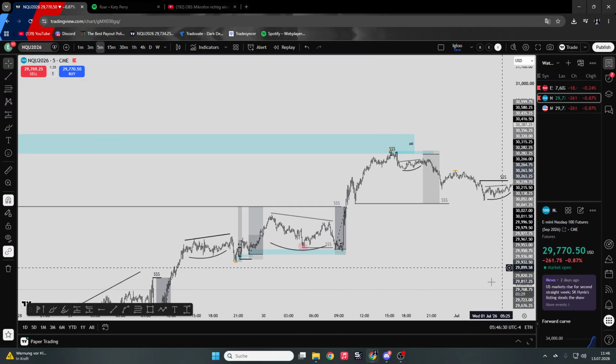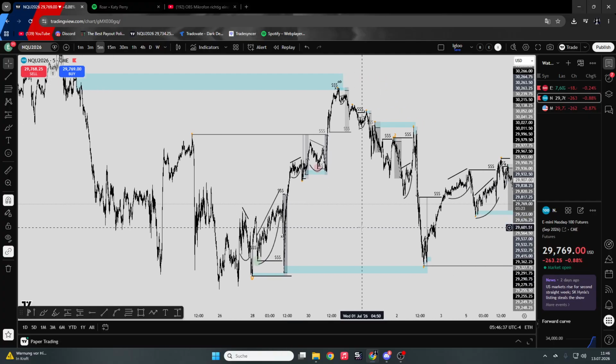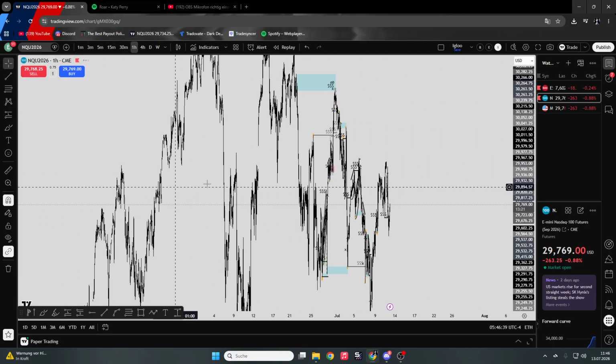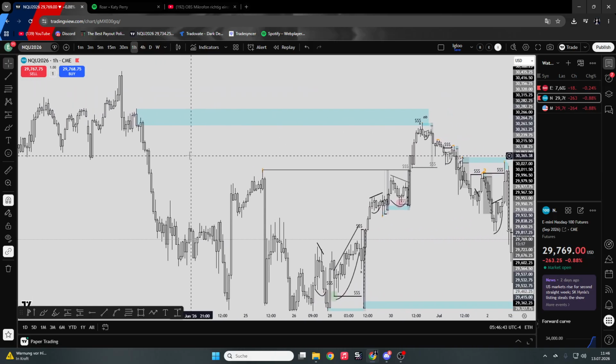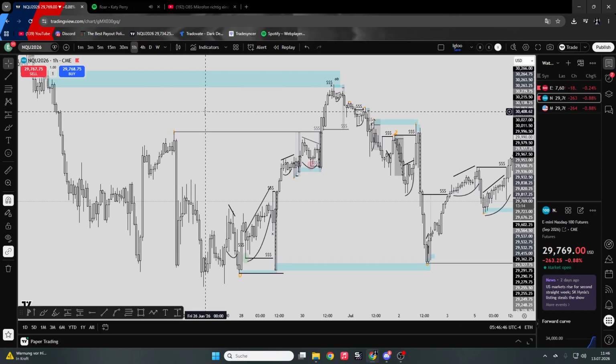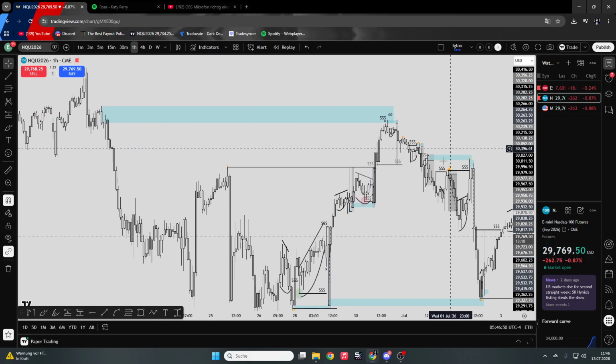So then we come to a pretty interesting scenario because we are flipping our bias now. On a higher time frame, we got a big order block here, okay? And you can argue however you flip your bias.